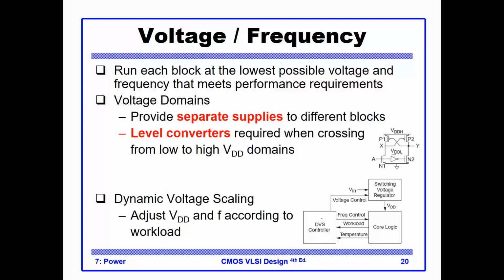Now, how about the V? In terms of voltage and frequency, let's remind ourselves what we're trying to do here. Switching power equals activity factor times C V squared F. So we need to reduce the frequency.